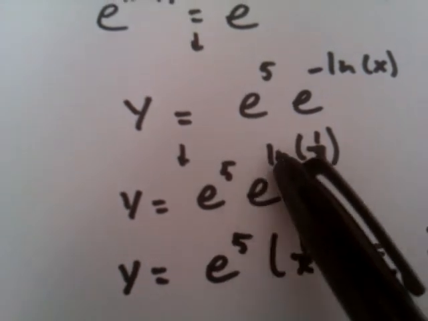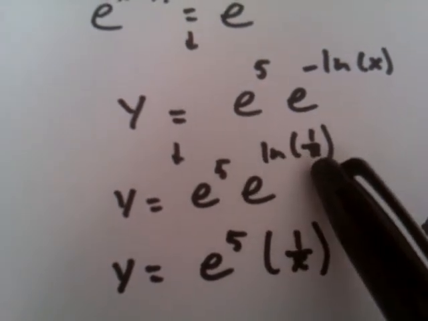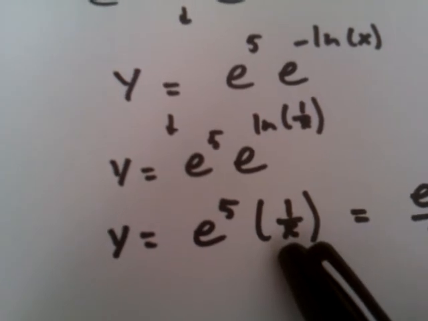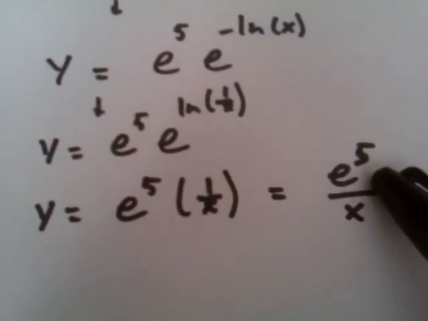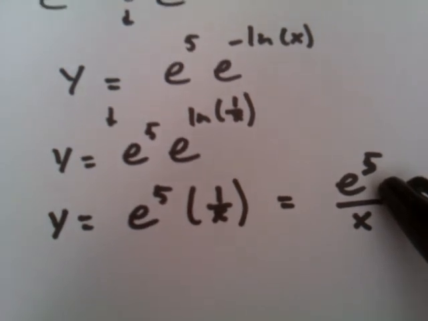So e to the natural log of 1 over x is just 1 over x. And so we have y is equal to e to the 5th over x.